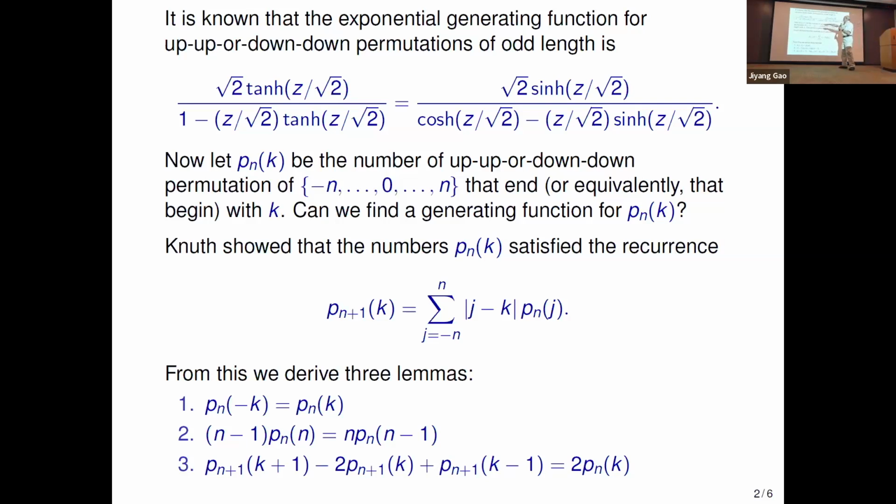He normalized it by taking the set to be minus n to n, that's 2n plus 1 numbers, and that end in k, so P_n(k) is the number that he's interested in. He wanted a generating function for these numbers. So he showed combinatorially that P_n(k) satisfies this kind of funny recurrence with an absolute value sum.